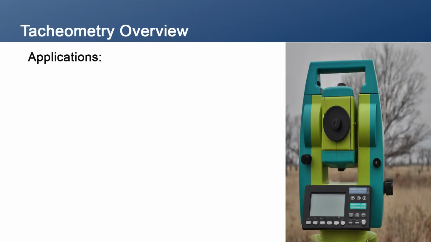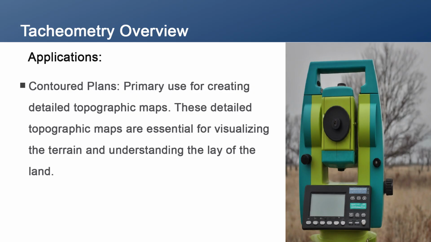Now, let us closely see where tacheometry finds its application in the field of surveying. One of the primary uses of tacheometry is creating contoured plans. Why do we need contoured plans? These detailed topographic maps are essential for visualizing the terrain and understanding the lay of the land. Whether you are planning a construction project or studying the natural landscape, contoured plans are quite invaluable.